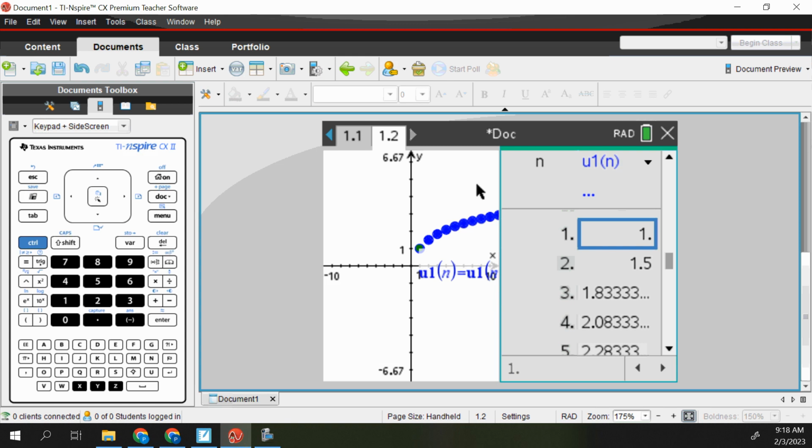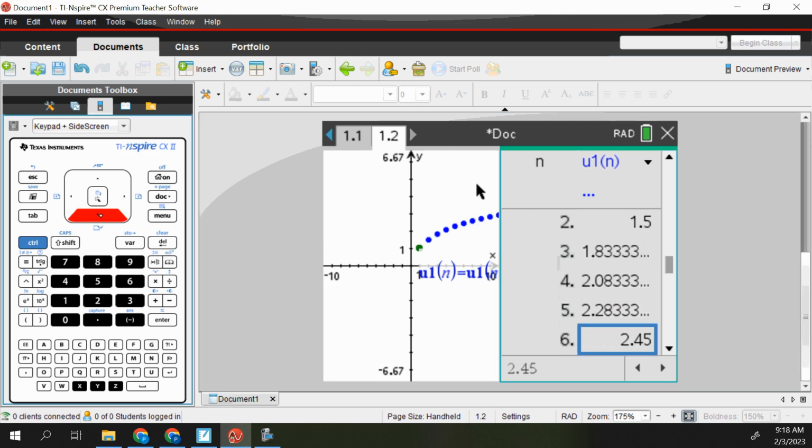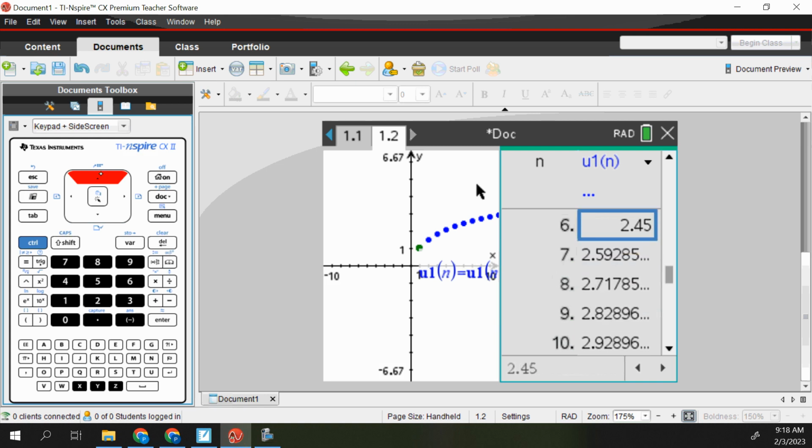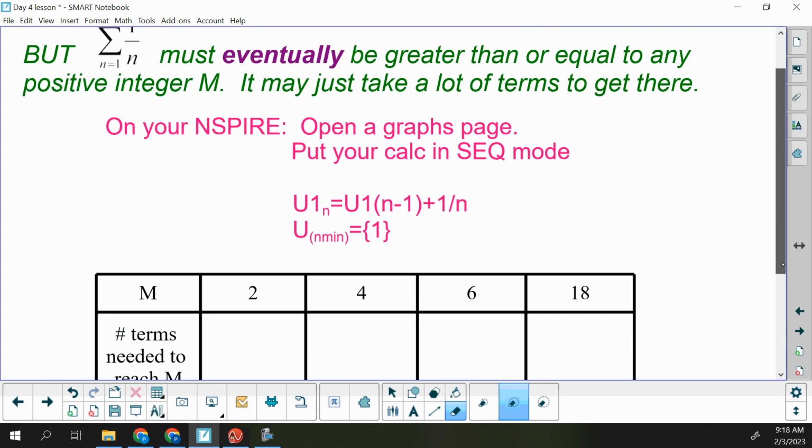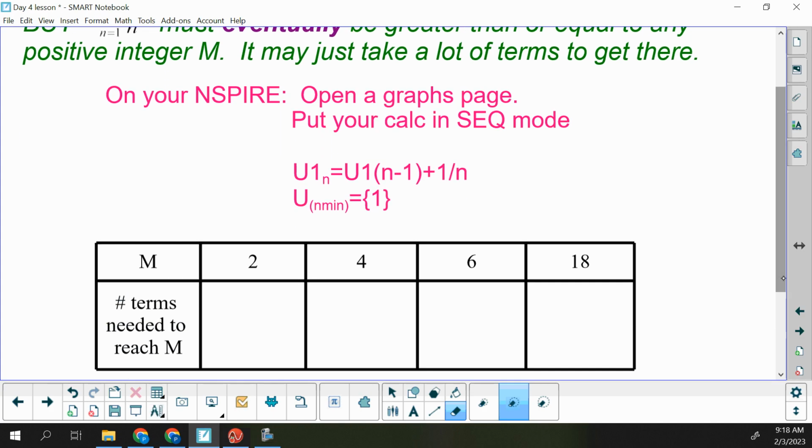And let's just check to see if this makes sense. In the harmonic series, the first term should be 1 over 1. So we get a sum of 1. The second term is 1 over 2, or in other words, a half. So 2, notice, adds up the first 2 terms there. In our chart here, we're letting m be our sum.